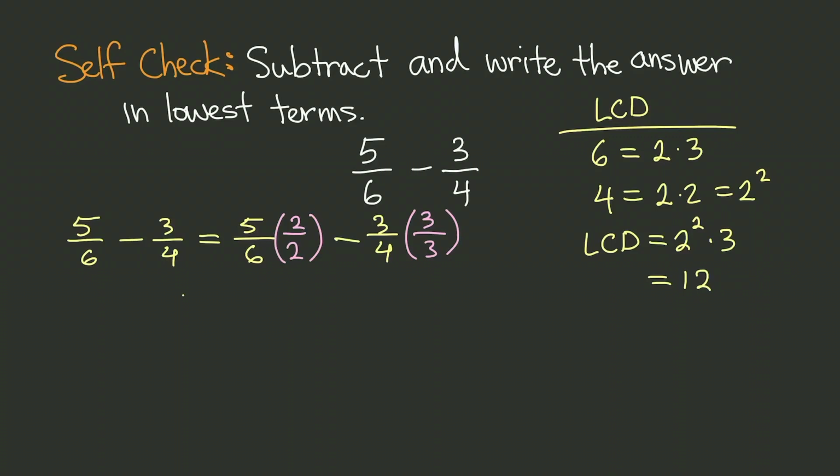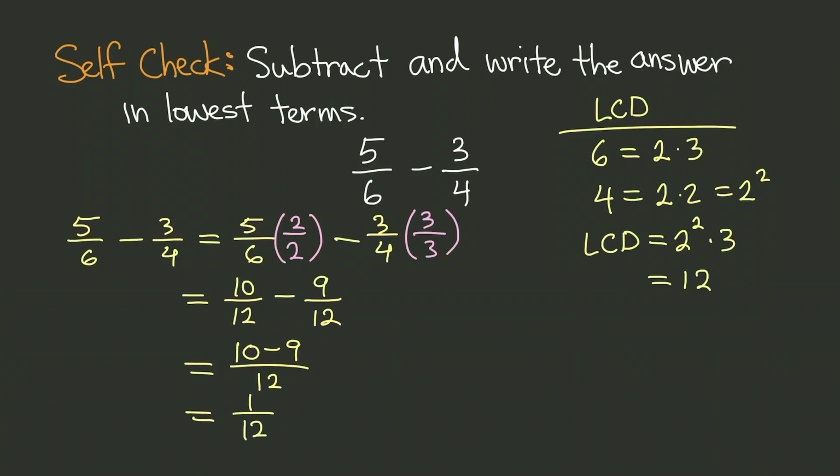Multiplying straight across, I get 5 times 2 is 10, 6 times 2 is 12. Multiplying straight across the second one, I'm going to get 9 in the numerator and 12 in the denominator. Now I have the same denominators, and so I can subtract straight across the top. So we have 1/12. That doesn't simplify at all, and so we're done.